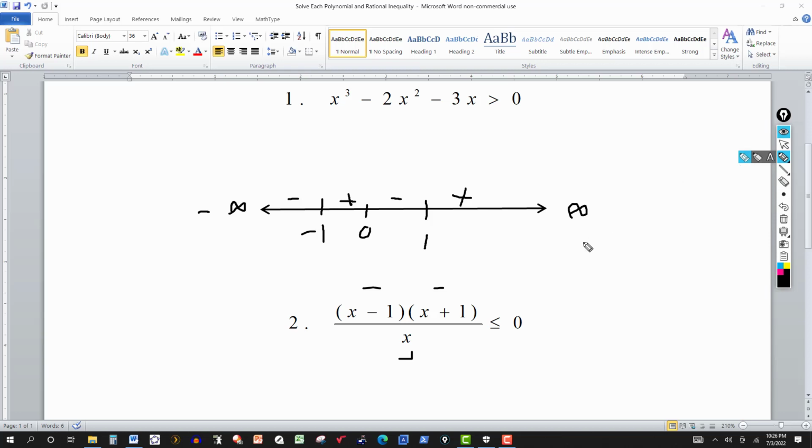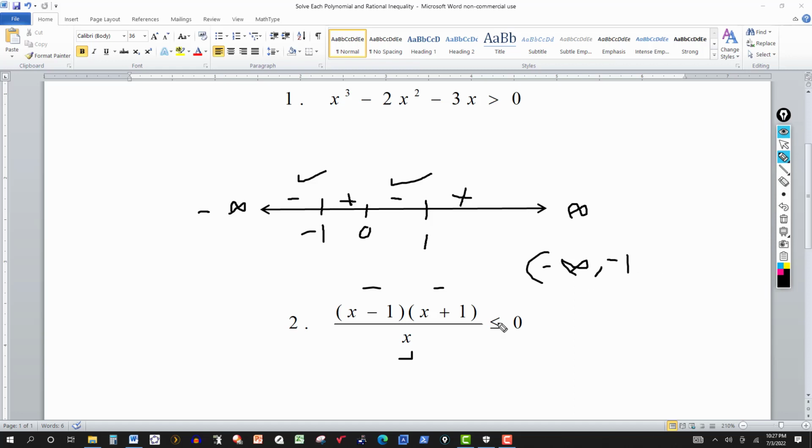So now we want the interval where, what do we want? We want this expression right here to be less than 0, or negative. So you look at the intervals that have a negative. That's where the solution is going to come from. Okay, so there's a negative right there. There's a negative right there. That's what we need. So in interval notation then, it's going to be -infinity to -1.